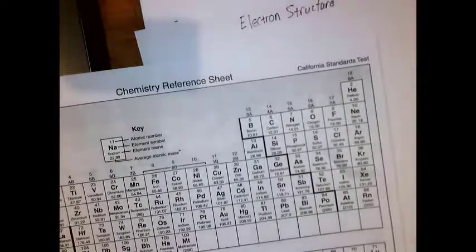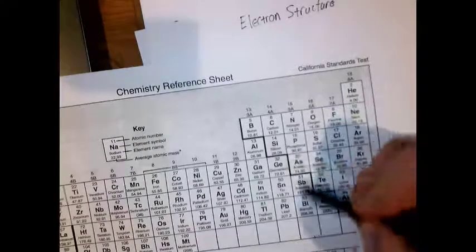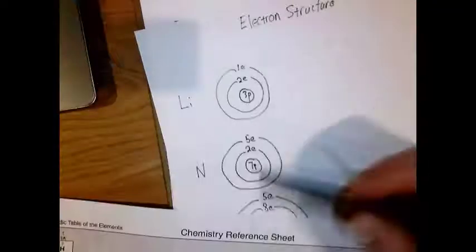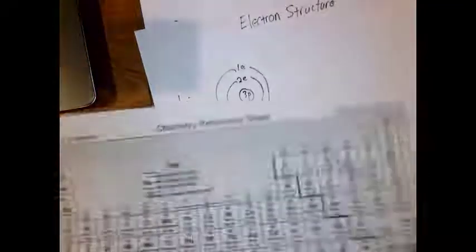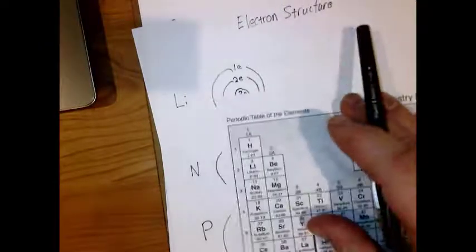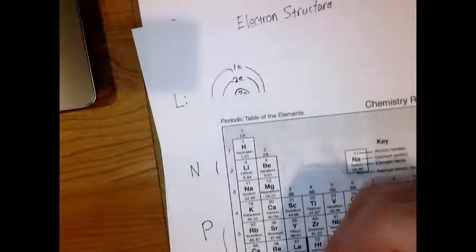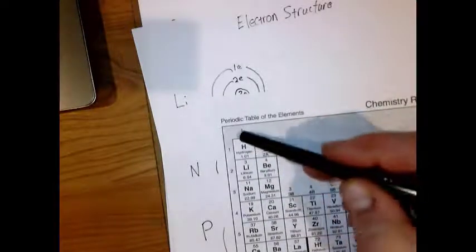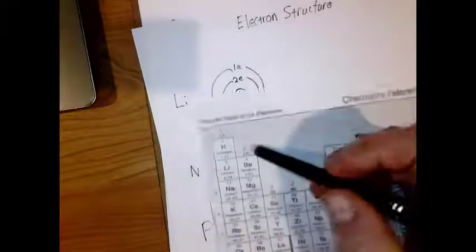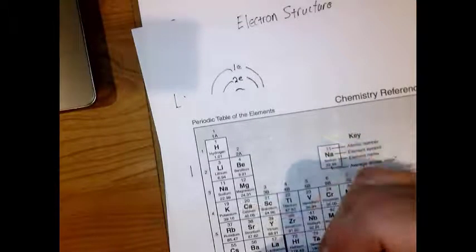And that's actually a nice little cheat. What that tells us is everything in this column on the periodic table has 5 electrons in its outermost shell. If you go to this first group, they all have 1 electron in their outermost shell. Okay. So group 1 all have 1. Group 2, they all have 2 electrons in their outermost shell.